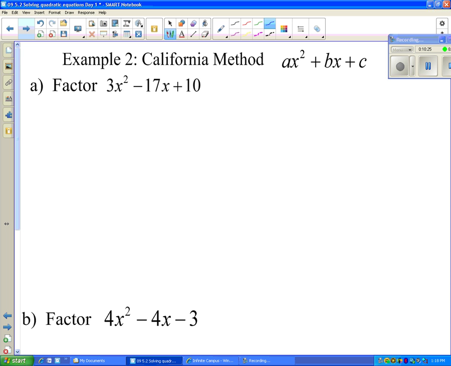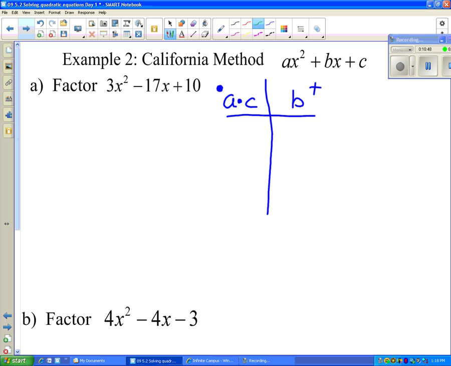I can do things fairly similar, but I have more steps I have to do. I start with my same box as always, but instead of saying C, I want A times C. And my B stays the same. What multiplies to be A times C and adds to be B?